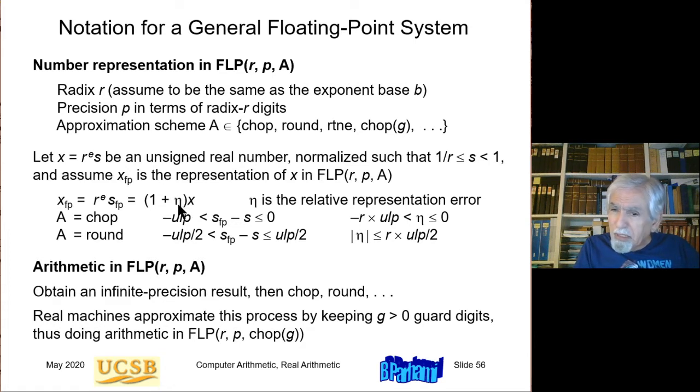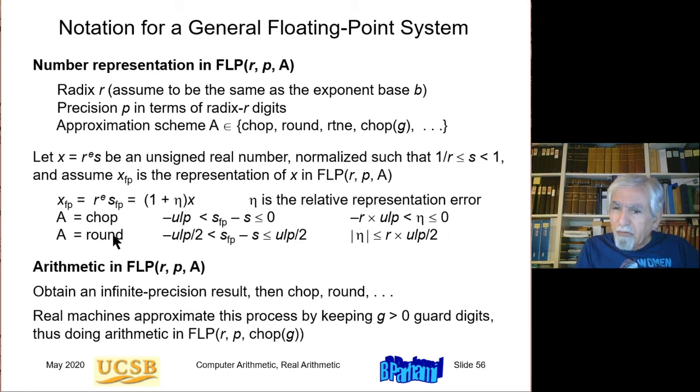Eta, of course, can be positive or negative, so this doesn't mean that the representation is always larger. It can be smaller than x if eta is negative. Now, when we chop results, eta is always negative. In other words, we always get a smaller value, and the range of the error is from 0 to r times ULP. So if you're using radix 2, up to 2 ULP in the negative direction.